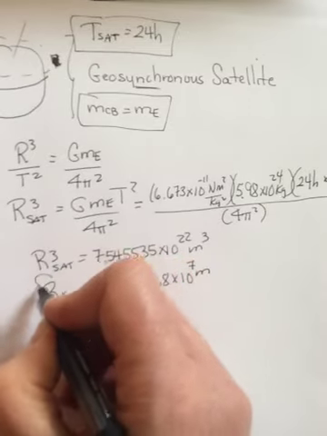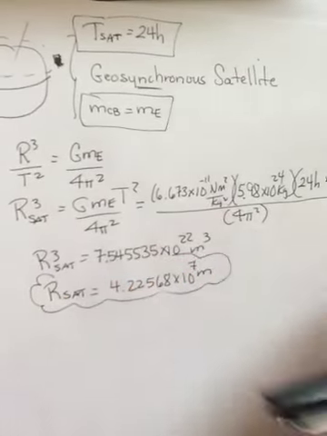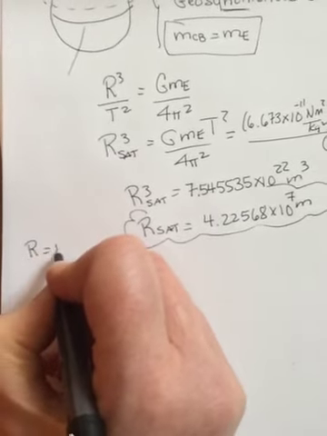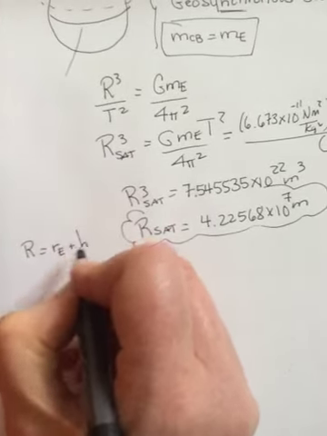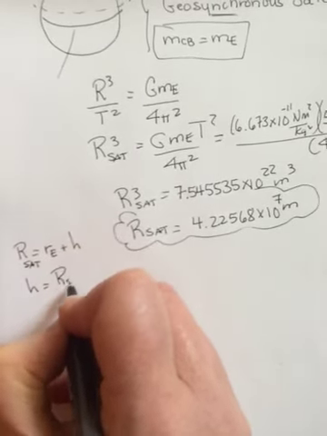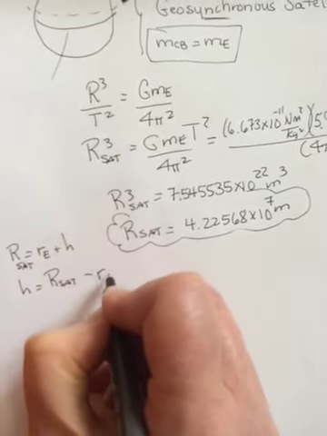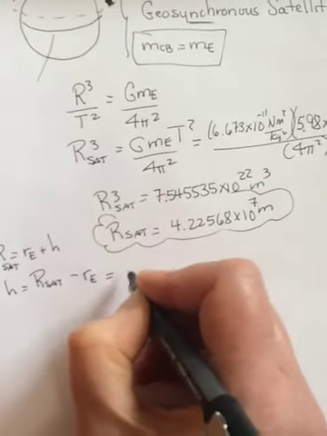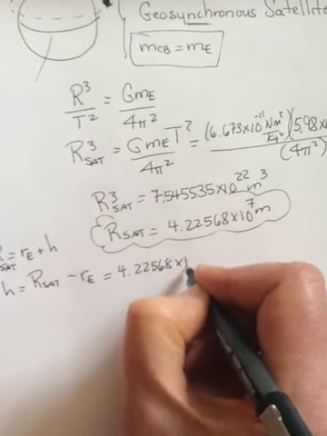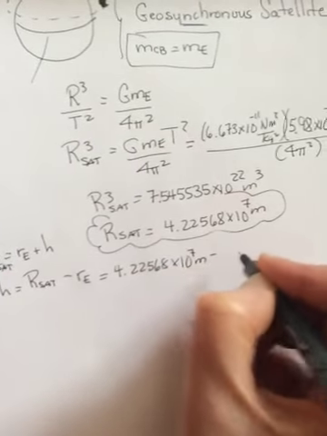So that's its radius of orbit, but we wanted its height. So we know that the radius of orbit is equal to the radius of the Earth plus the height. So to find the height, it's going to be the r of the satellite we just found minus the radius of the Earth. So 4.22568 times 10 to the 7th meters, minus the radius of the Earth.